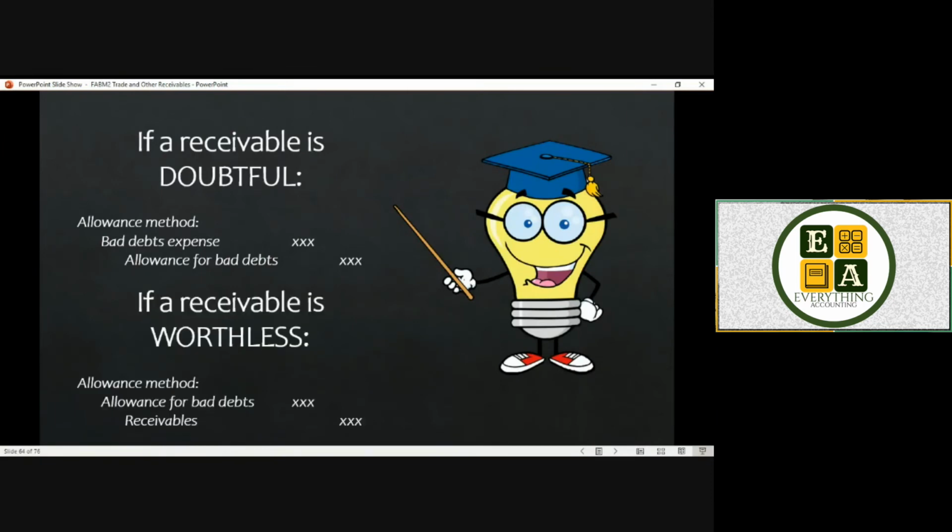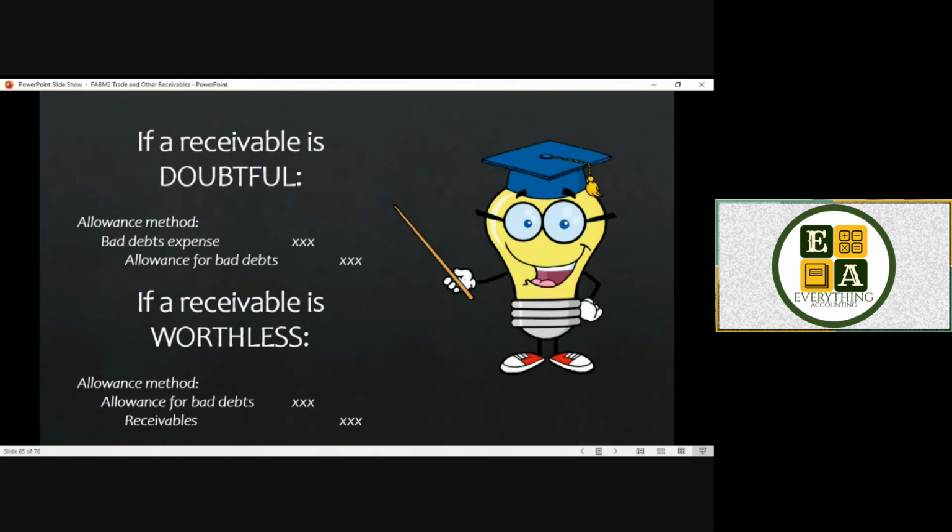How about if the receivable is worthless? Under allowance method, we debit the allowance for bad debt or allowance for doubtful accounts and you credit the receivable account. For example, the accounts receivable. So therefore, if you have doubt that a customer will pay you, or if you have doubt that amount, a receivable from a customer, there is a doubt for collection, we set up first an allowance account.